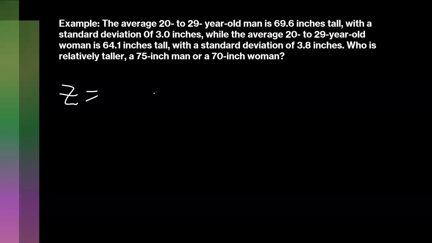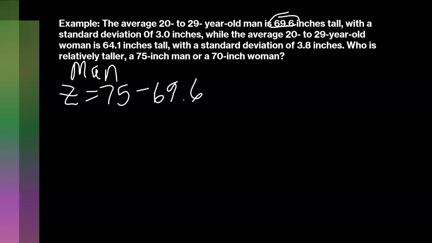So if we start off with the z-value for the man, our data value would be 75 because he's 75 inches tall, and then we would subtract the mean of the average height for men, which is 69.6, and then we would divide by the standard deviation, which is 3.